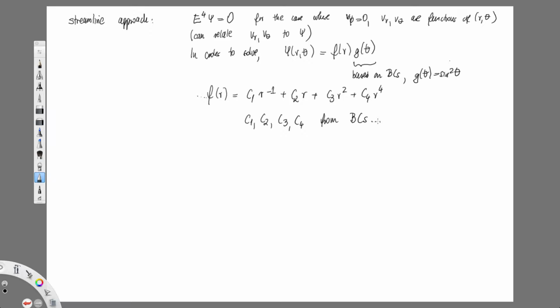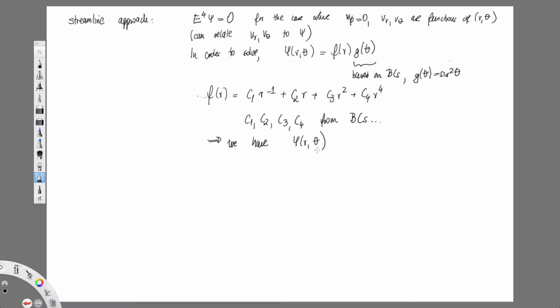So what do I do? We have g of theta, we have f of r, so basically we have psi of r, theta. Our streamline approach gives us psi. Then to get the velocity distribution, I plug that psi into my V_r and V theta.